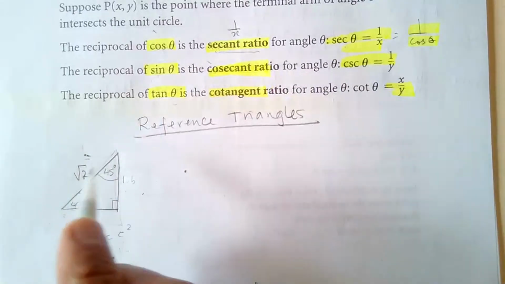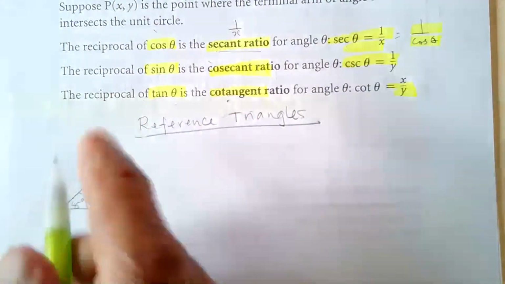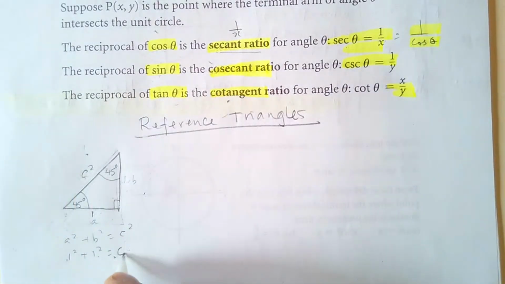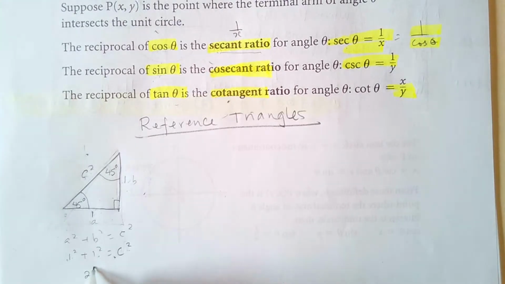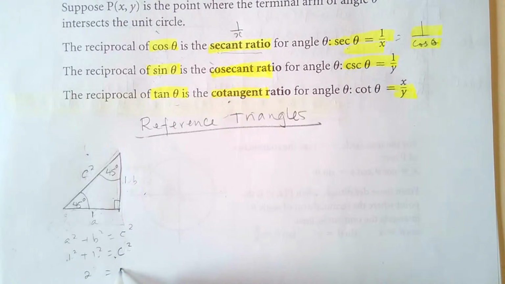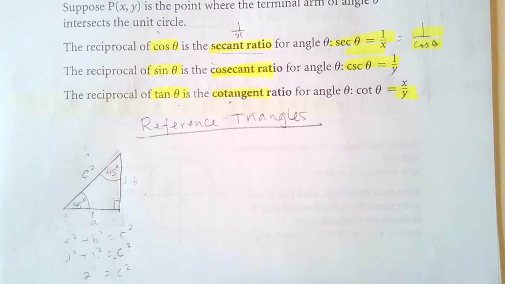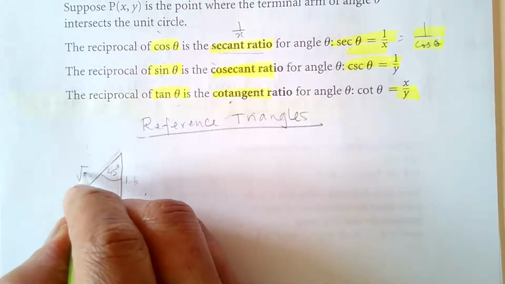Assuming we don't know what this is, we call it C squared. So 1 squared plus 1 squared is 2, which is equal to C squared. Therefore, C is equal to the square root of 2. Plus or minus, but because it's a length, we say this is going to be root 2.